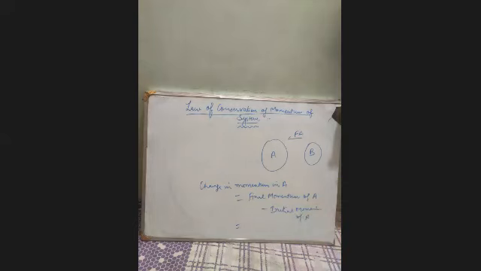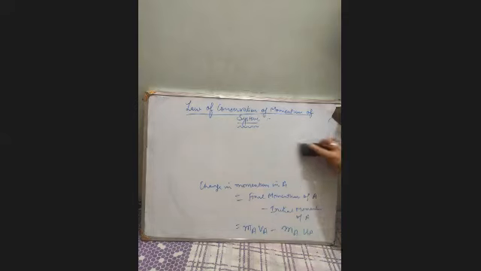Obviously, the momentum after the collision, and it will be equal to ma va. And what is the initial momentum of A? Obviously, ma and initial velocity of A, ua, right? So this is the total change in momentum of A, right?